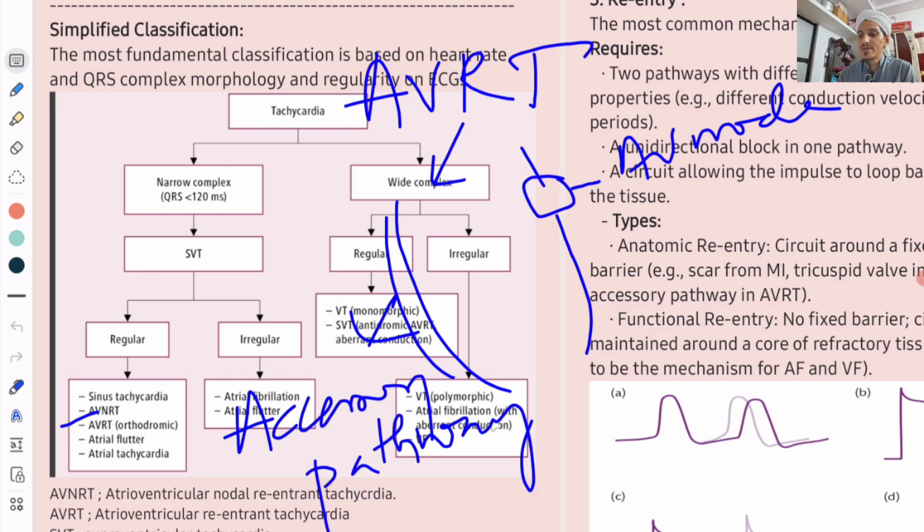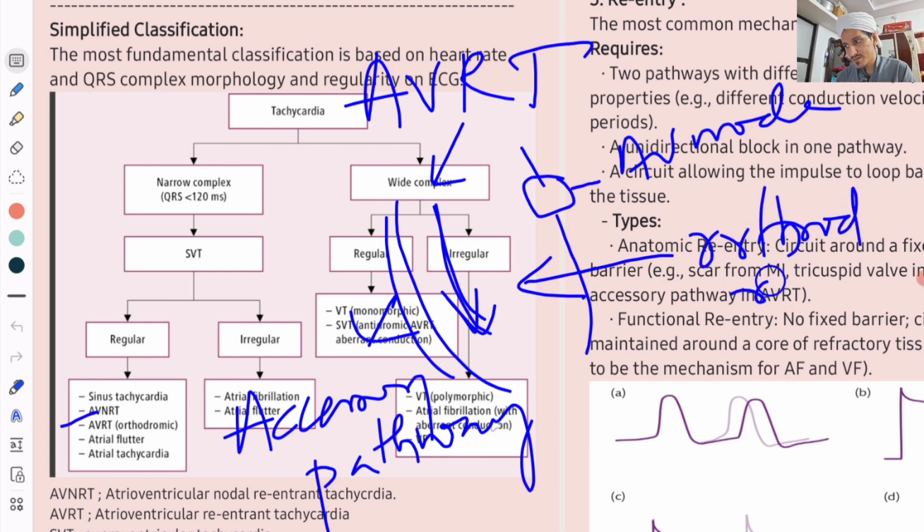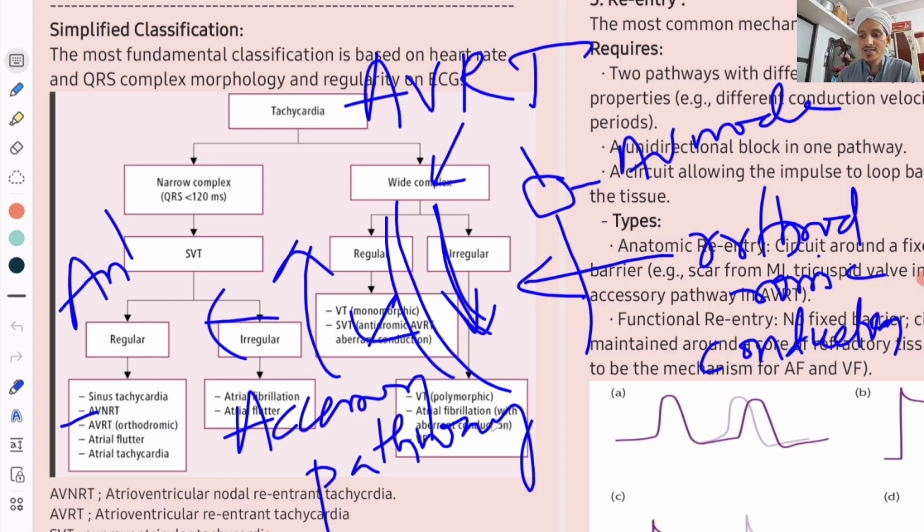Through this accessory pathway, the conduction can be like this; if it is like this, it is known as orthodromic conduction. But if the conduction goes the opposite way through the accessory pathway, it is known as antidromic conduction. In this case, it will generate a circuit and there will be a tachyarrhythmia, supraventricular tachycardia.